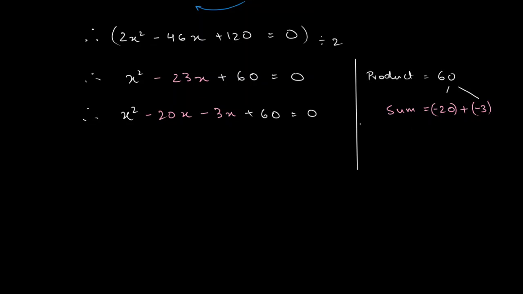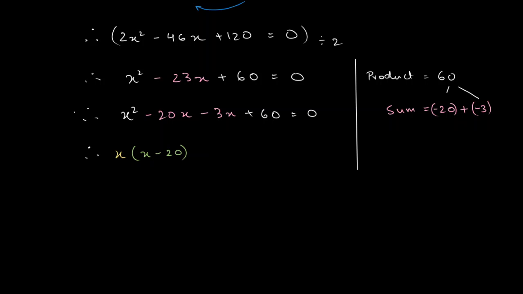Right? Furthermore, now when we factorize it, if I factorize the first and second term, I can take an x common, and in the bracket I'll be left with x minus 20.